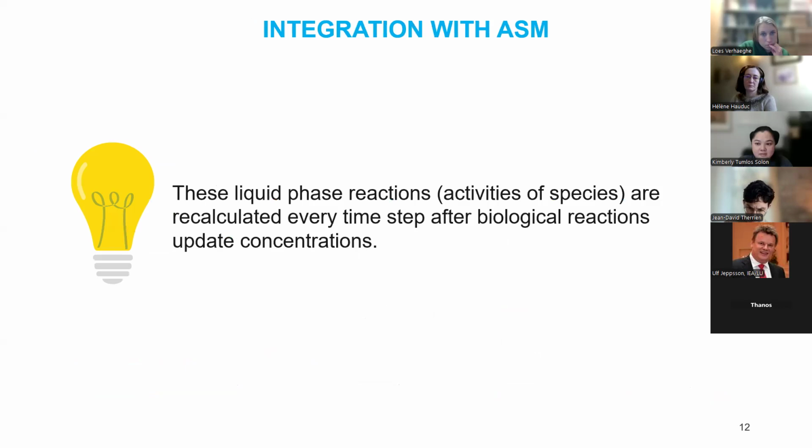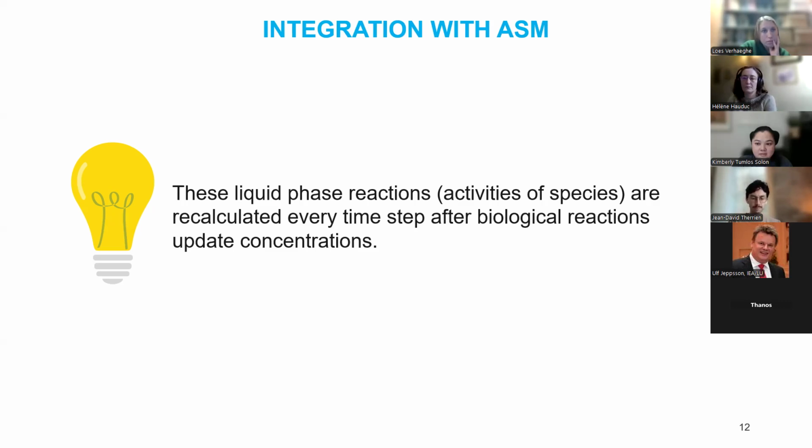So how does this relate to activated sludge models? These liquid phase reactions, wherein we calculate the activities of all the species that are present, are recalculated every time step through a set of algebraic equations after the biological reactions update the concentrations.